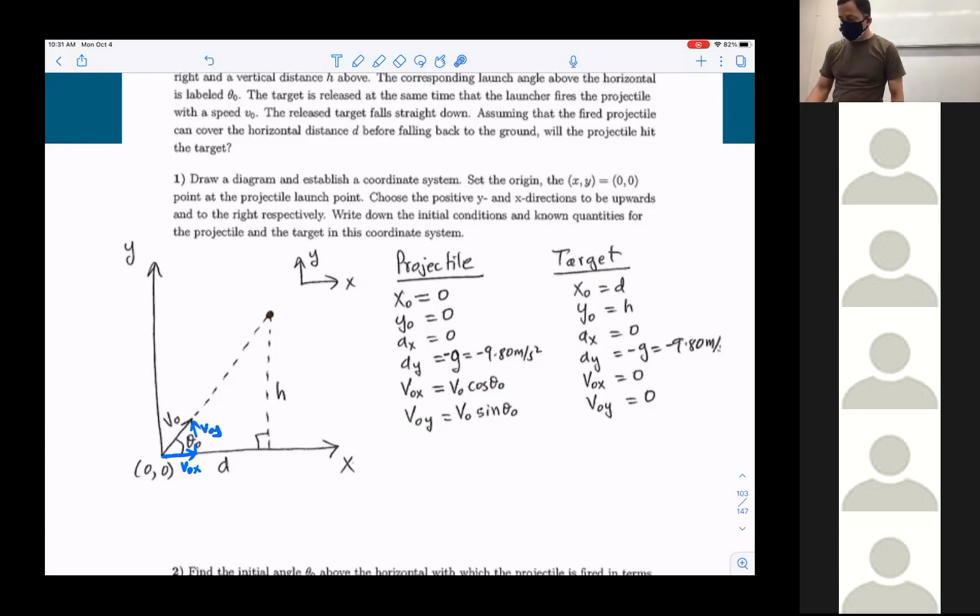Once it's released, again, it's in free fall, so its ax is 0, and its ay will be minus g, acceleration due to gravity. And its initial velocity, well, it's released from rest, so its initial velocity is just 0. It has no x or y component of velocity. Any questions on that?